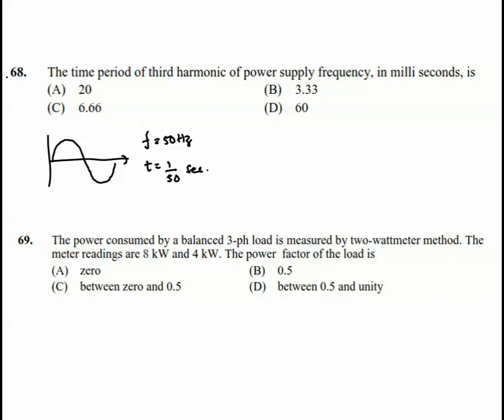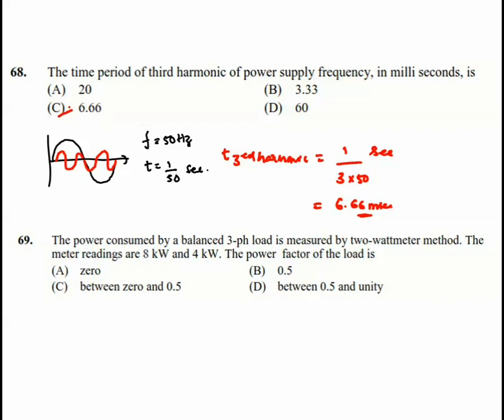Now the third harmonic means 3 times the supply frequency. So the time period of the third harmonic is equal to 1 by 3 into 50 seconds, which is nothing but 6.66 milliseconds. Option C is the right option.